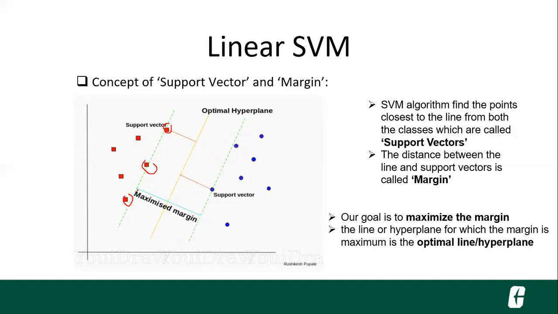And what is margin? The distance between the line and the support vector is called margin. Now, if we want to find the optimal line or hyperplane which can classify this data set in a perfect way, our goal is to maximize the margin.